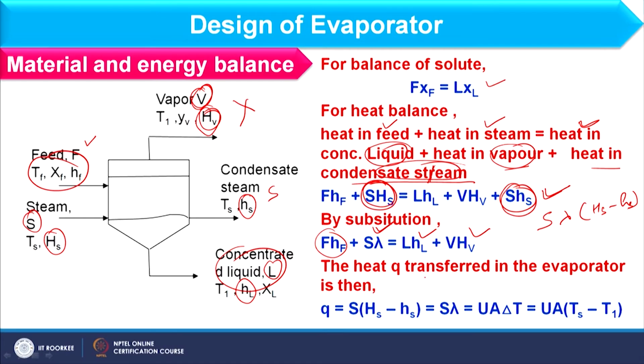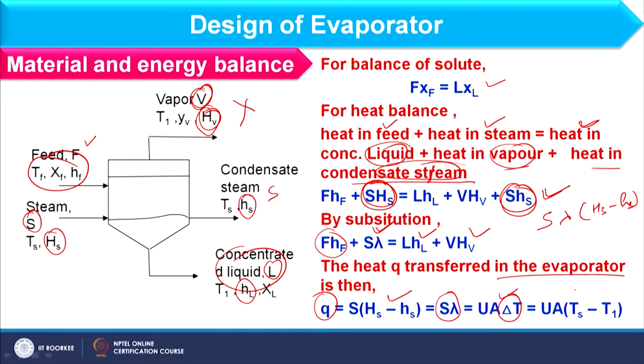And further, as far as heat transfer from the steam side to the liquid side is concerned, we can make the balance as Q, which is the total heat duty in an evaporator. It is equal to S times (HS minus small hs), which is nothing but S lambda, and that should be equal to UA delta T. And what is delta T?